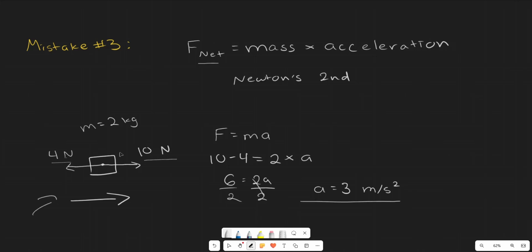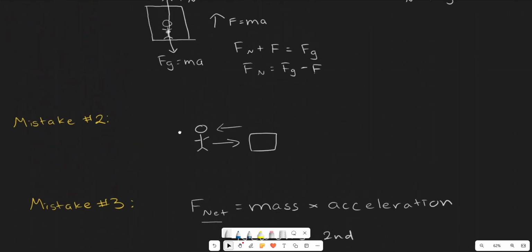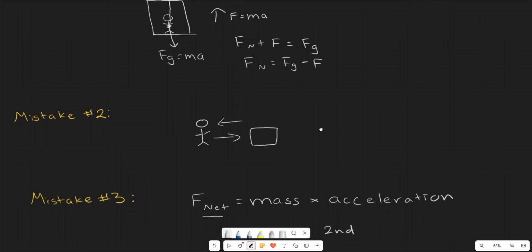So here, this is our free body diagram. We show all the forces that are acting on the object, and we can easily see what force to subtract and what's acting in what direction. Here we can see that the force pairs don't exactly cause the object to cancel out.